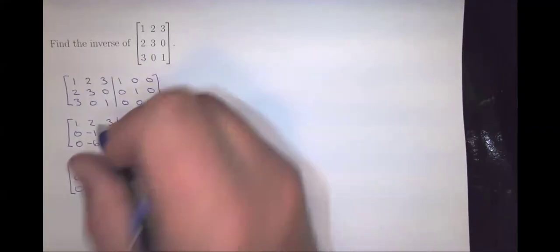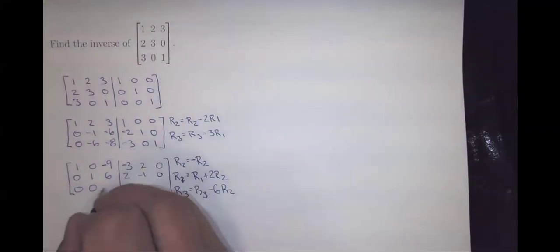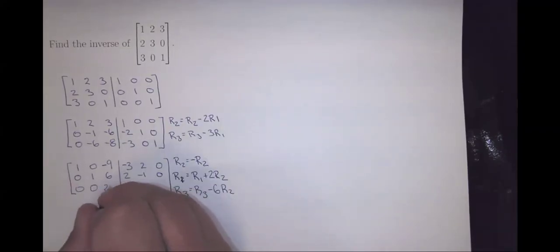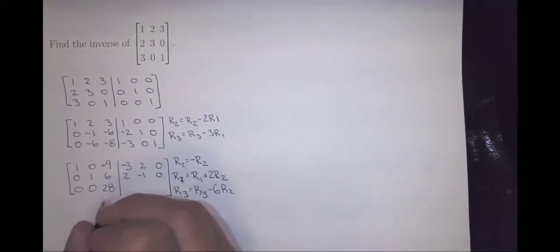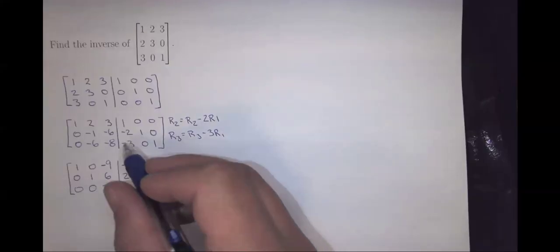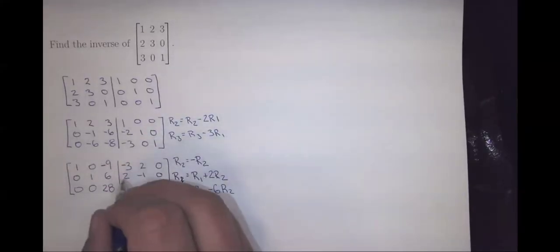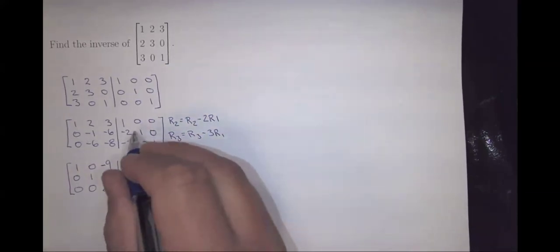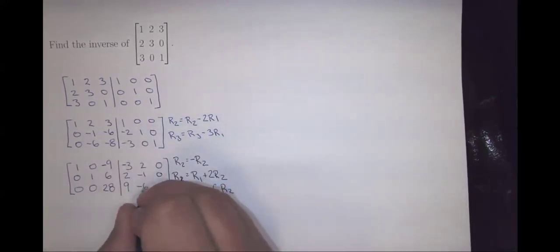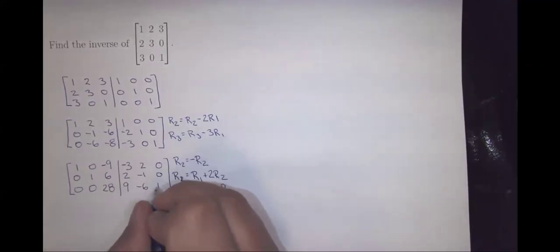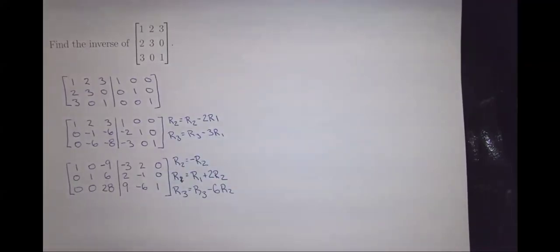So -8 plus 36 is 28. And then we have -3 plus 12 is 9. 0 minus 6 is -6. And then 1 minus 0 is 1. Okay.